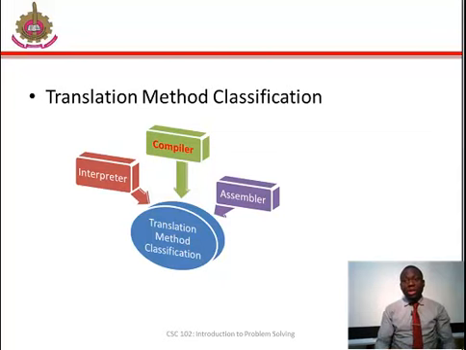All other languages must be translated into zeros and ones, the only things understood by the computer. Hence, translators take the form of interpreter, compiler, and assembler. Now, let's discuss these three translators one by one.